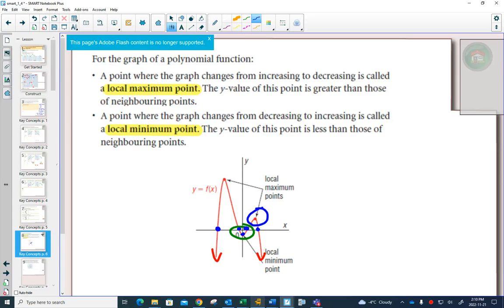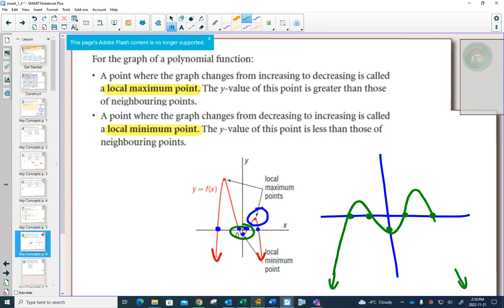And then if you know those points and the end behavior, so for example, if I knew a dot here, a dot here, a dot there, a dot there, and a dot there, and I knew that it ended down here and ended down here, then I could draw the graph close to what it is in reality.